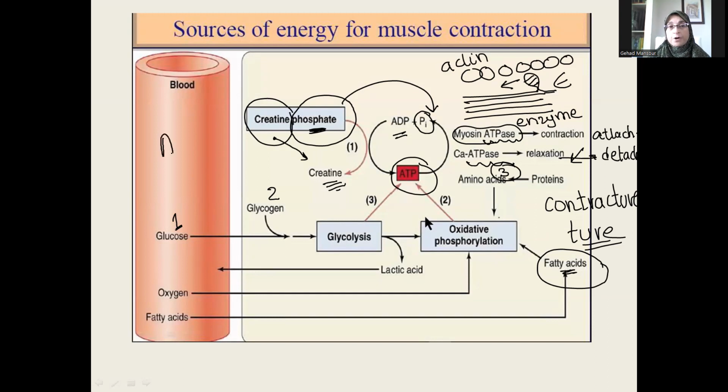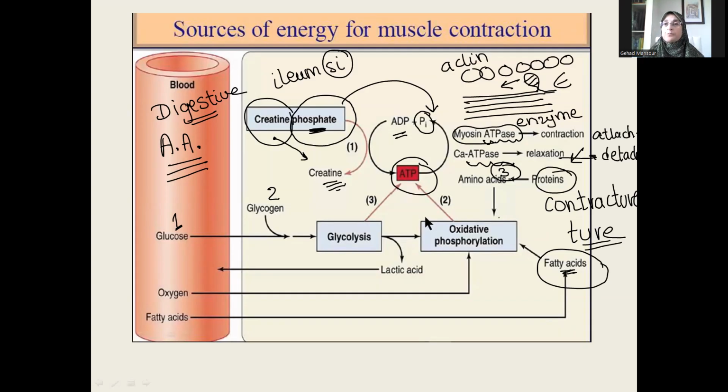They might have come from the final products of digestion, the amino acids in the circulation that come from the digestive system after having been absorbed in the ileum of the small intestine, or in serious conditions, you might even be breaking down the proteins of your muscle. So these proteins will be broken down into amino acids, and amino acids, just like fatty acids, just like glucose, can be broken down through aerobic respiration to give rise to ATP.